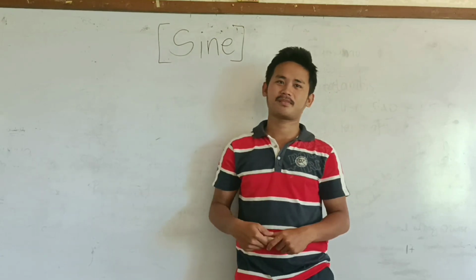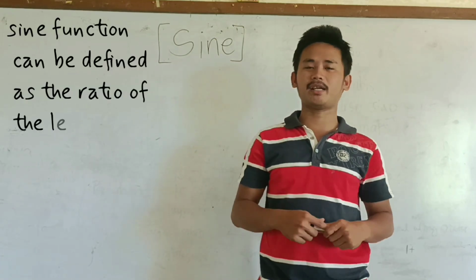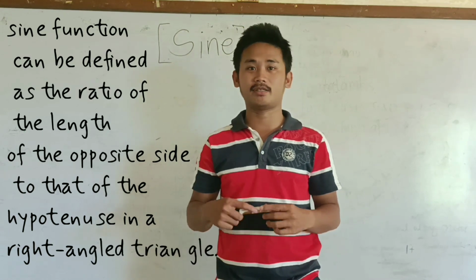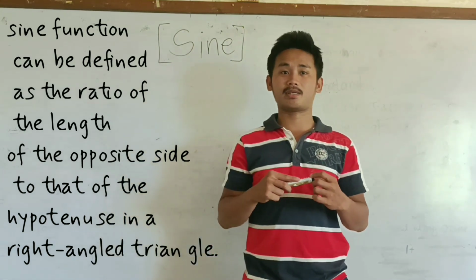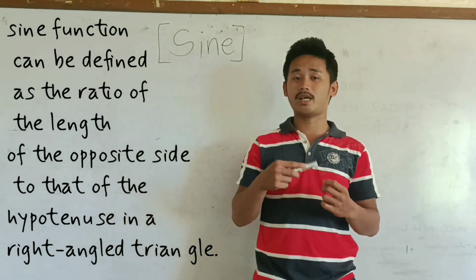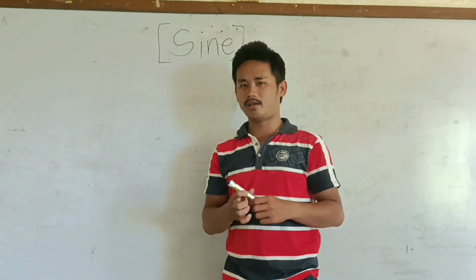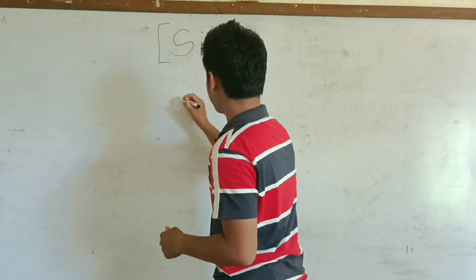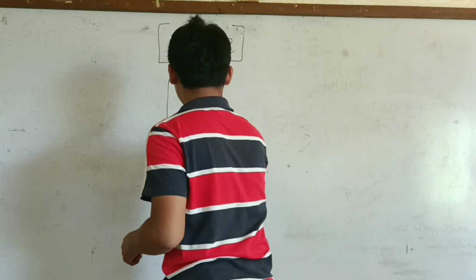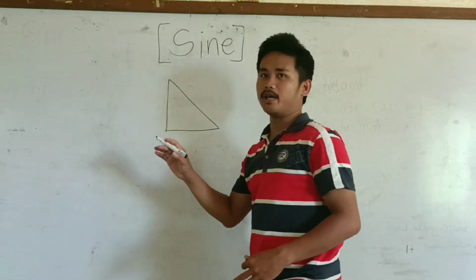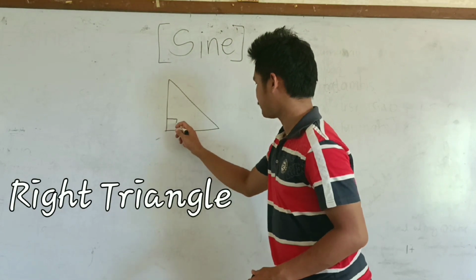What is sine? Sine is the trigonometric function that is equal to the ratio of the side opposite a given angle to the hypotenuse. So, I will show you the figure of this sine. As you can see, we have this right triangle.